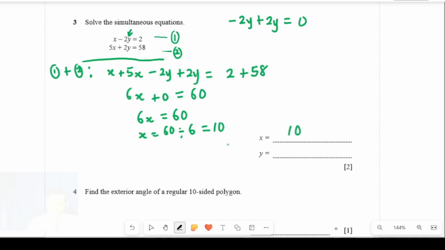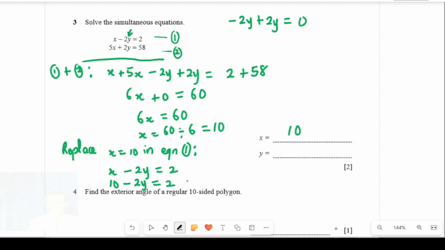So x is 10. Then to get y, we can replace x equals 10 in equation 1. What is equation 1? x minus 2y equals 2. So we are looking for y, so that will be 10 take away 2y equals 2.